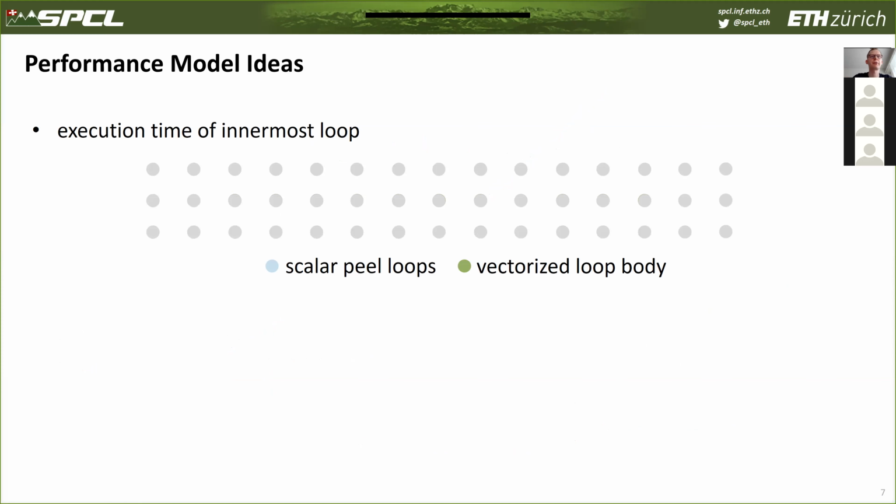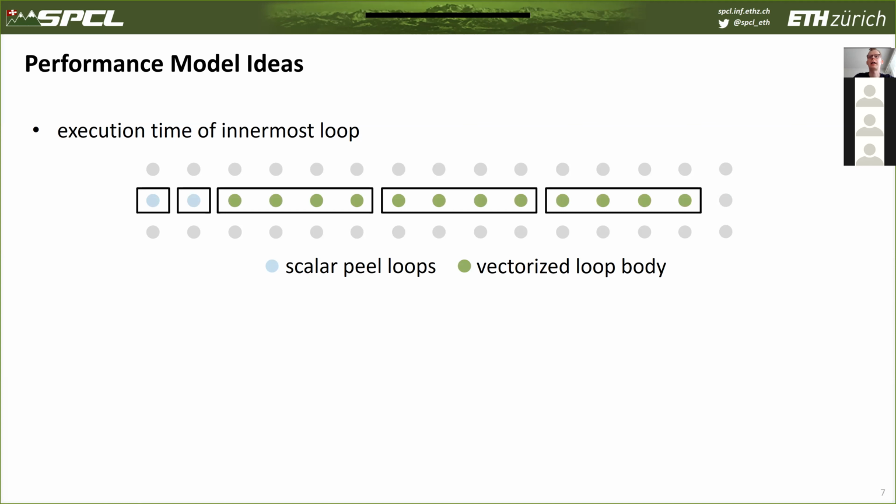One reason for this is, for example, that the compiler will probably introduce some sort of scalar peel loop. So your domain is probably not a multiple of the vector size. So we may first have some scalar execution, and then once the data is aligned, we switch to vector execution. And at the end, we may have scalar execution again.